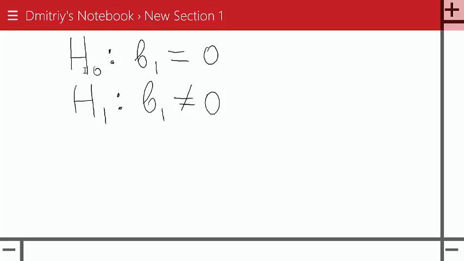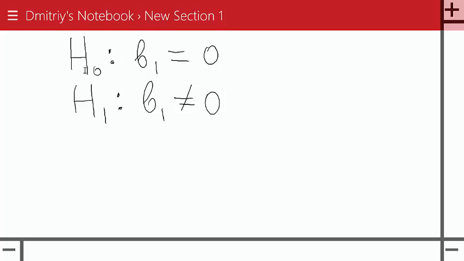And hypothesis testing has two hypotheses, a null and an alternative, okay? H0 and H1. So the null statement and the alternative statement are kind of opposite, right? What the null is not, that goes into your alternative, okay? So this is what we're testing essentially in this case, okay?